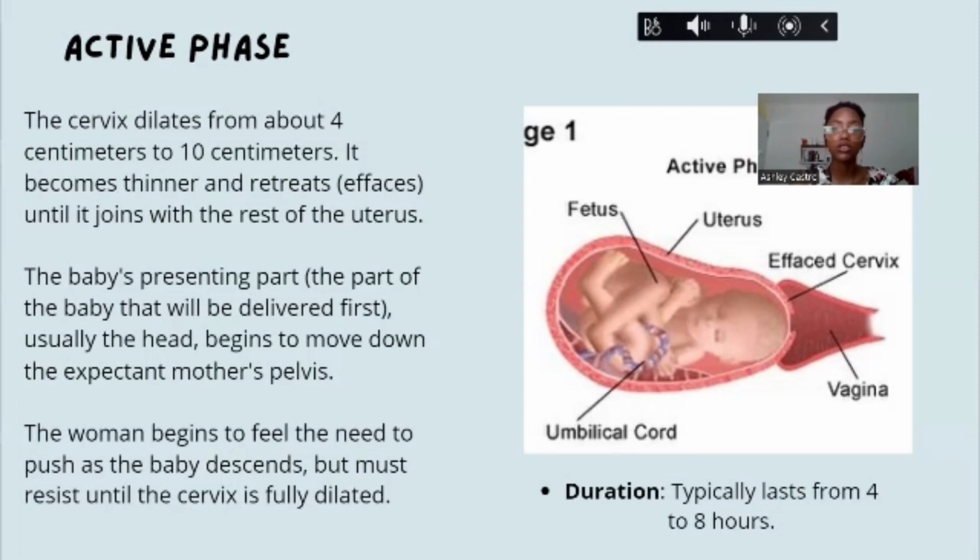And the woman begins to feel the need to push as the baby descends, but must resist until the cervix is fully dilated. Duration typically lasts from 4 to 8 hours.